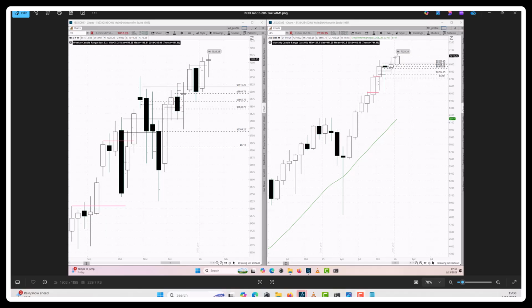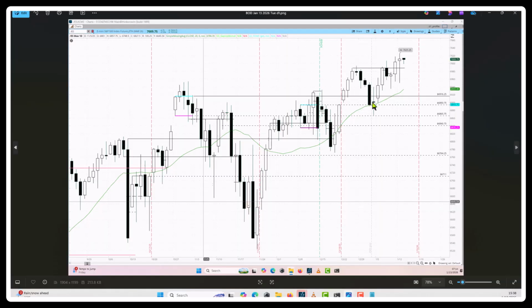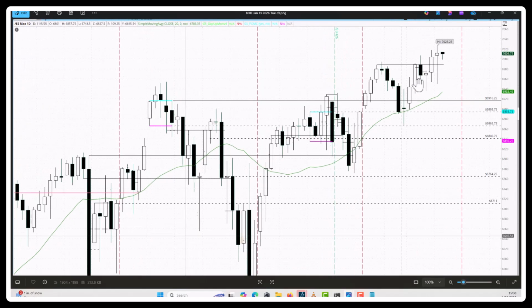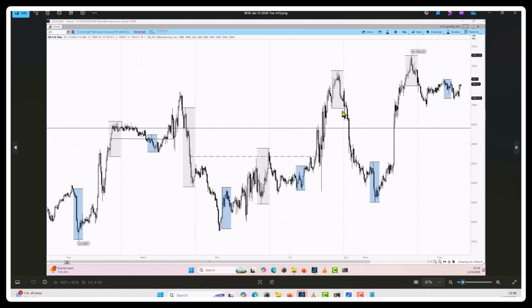Alright, before we go to the 15 minutes, go to the daily. So you see that level right there, it tests from above. Let's see if it goes back and reclaims this level on Tuesday. Right, look at the 15 minutes right here.